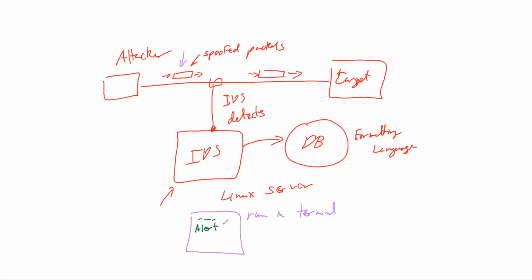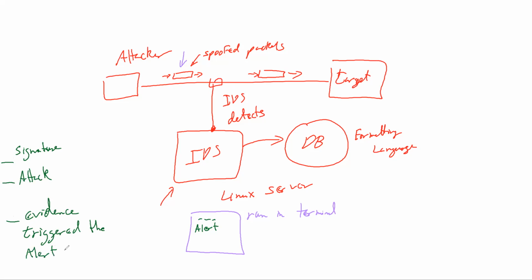So what I need to see in the lab is the following. I need to see what signature you selected, and then what your attack looks like, so your spoof packet, and then evidence that you triggered the alert. So you need to show evidence of that.